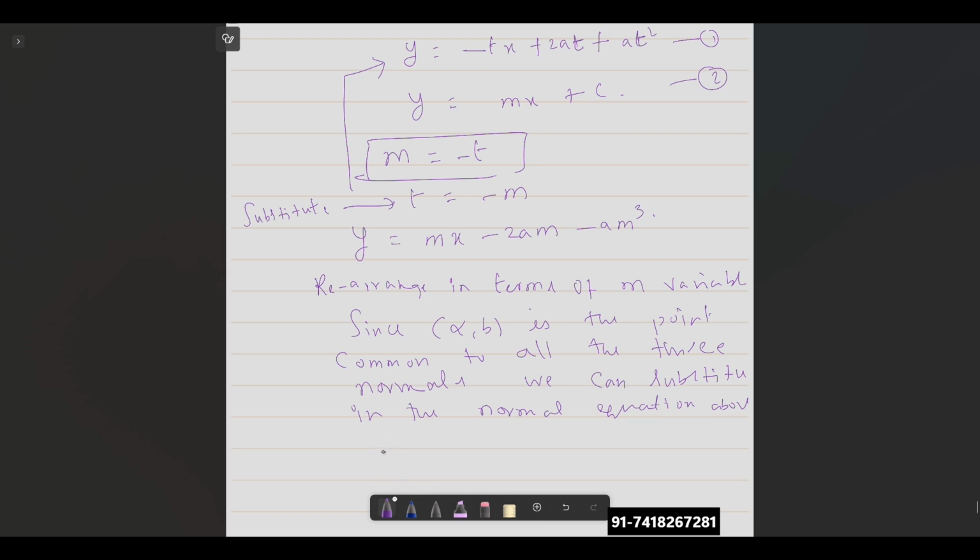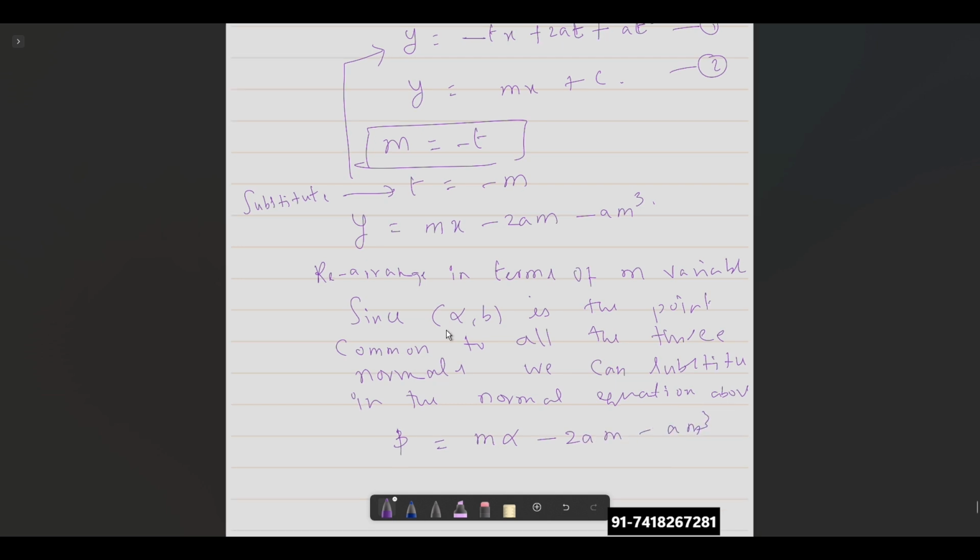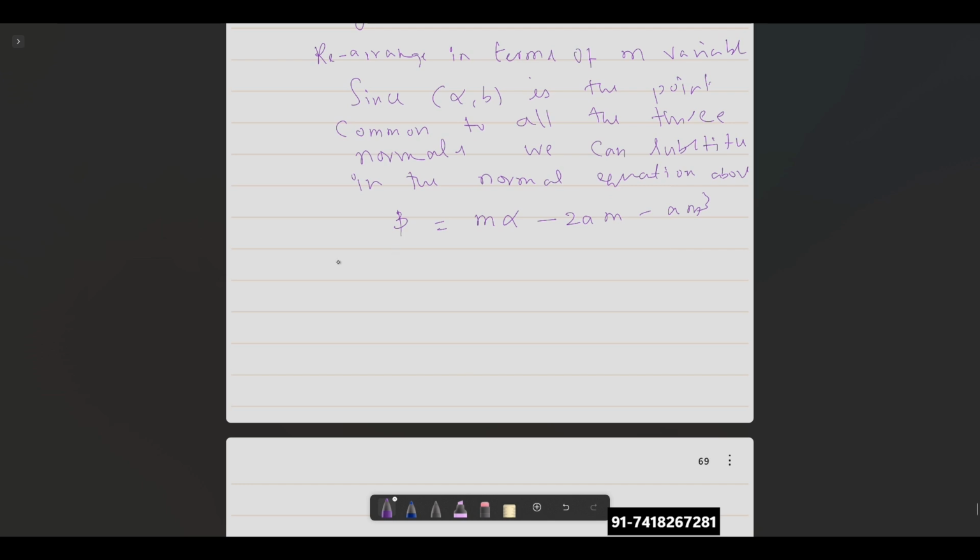Then in place of y it will be beta, and then y equals m alpha minus 2am minus am cube. So this can be rearranged in terms of m: am cube plus (2a minus alpha) into m plus beta.